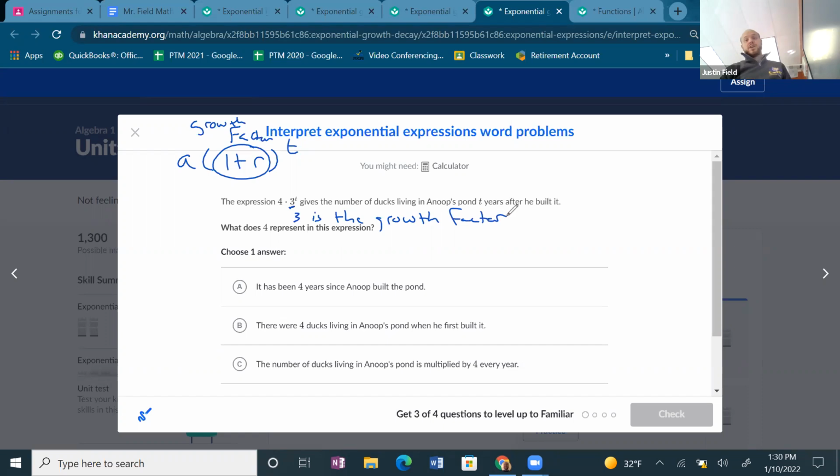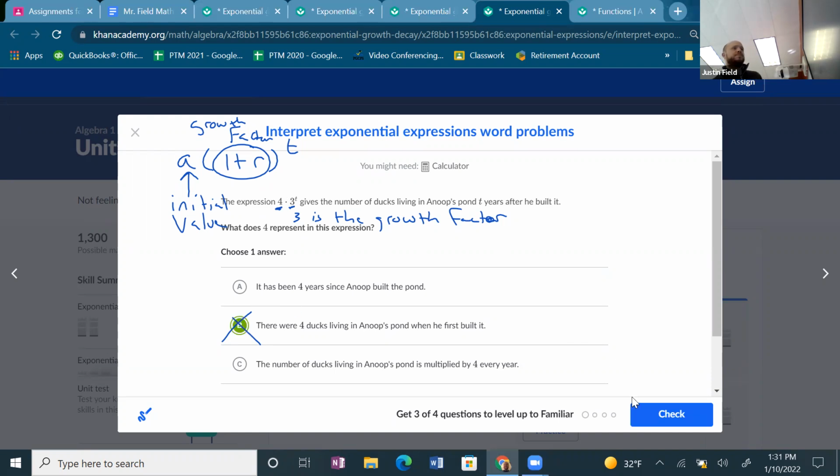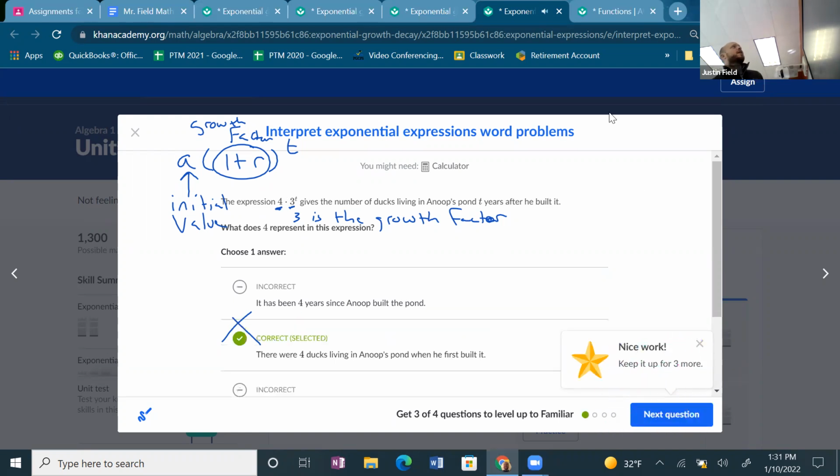So the ducks in this pond are actually tripling because there's a 3 as the growth factor. That means triple. 3, 9, 27, 81, and so on. 4 is the initial value. So that 4 being there means that there were originally 4 ducks living in the pond. Let's see if I'm right. Verification. Oh yeah.